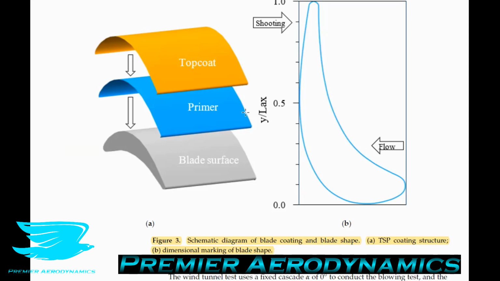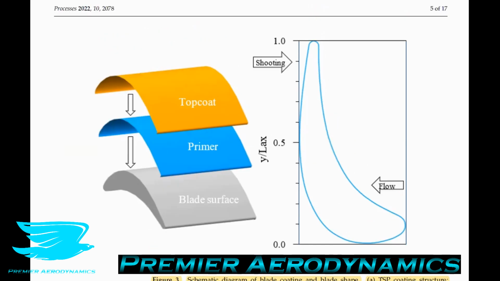So schematic 3A shows the coating surface structure. So you have the blade surface, then the primer, then the top coat, which is that TSP effectively. Also in figure 3B, we have a picture of the airfoil cross-section, and it's a very cascade-like airfoil cross-section. It's quintessential.